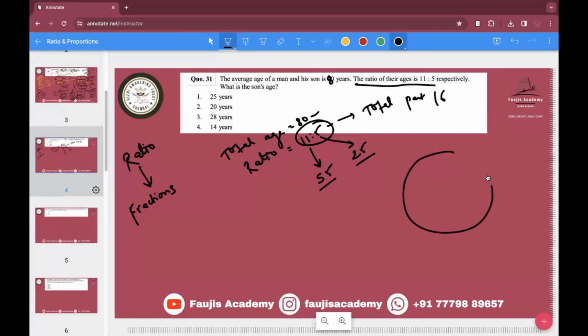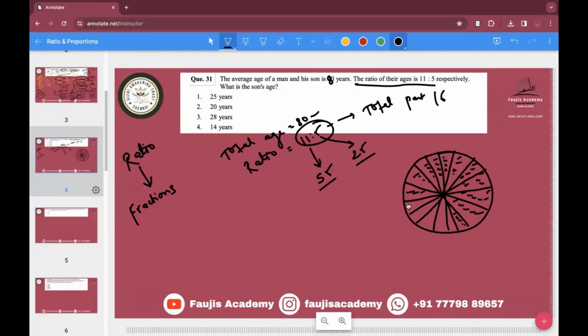So if this is the pie chart, let's assume something like this, divided into 16 parts. 1, 2, 3, 4, 5, 6, 7, 8, 9, 10, 11.